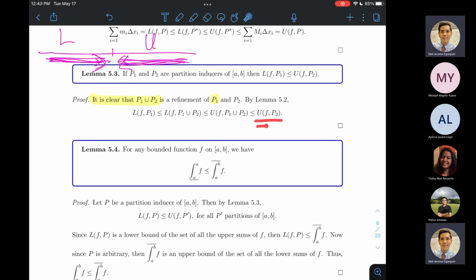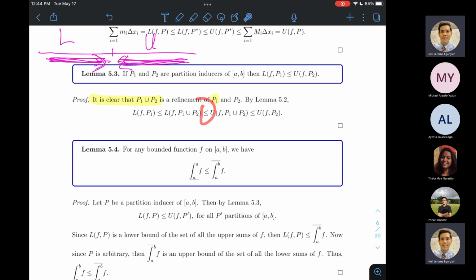So, ibig sabihin yung upper Riemann sum ni F relative kay P2 ay greater than or equal sa upper Riemann sum ng kahit ano niyang partition, in particular kay P1 union P2. Okay? And then we know that the lower Riemann sum of one partition, in particular ni P1 union P2, ay hindi pwedeng mas malaki sa upper Riemann sum ni P1 union P2.